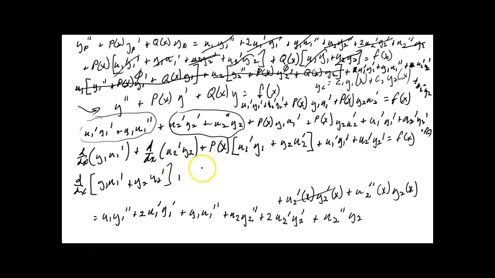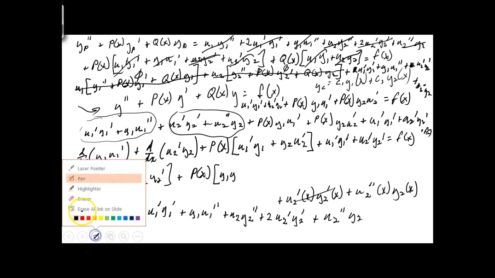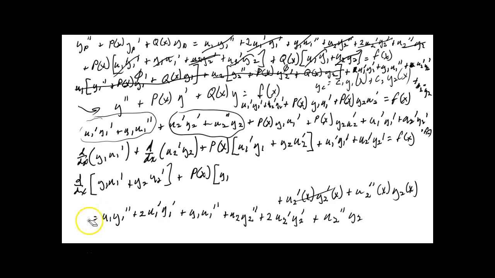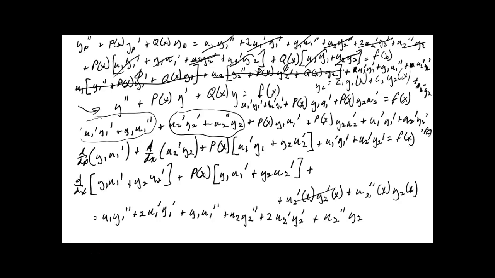Okay, plus p of x times y1 u1 prime plus y2 u2 prime, plus u1 prime y1 prime plus u2 prime y2 prime equals f of x.